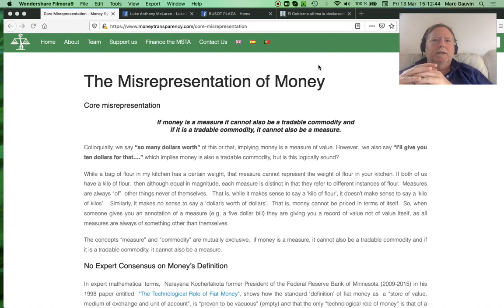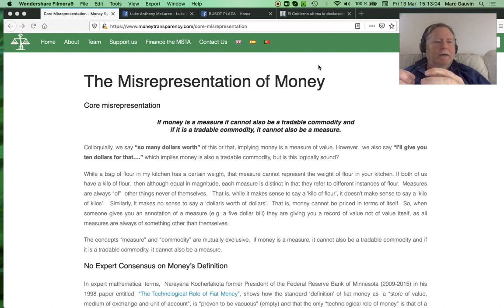Desirability changes, so the value or price of things can change, but we can measure that in a valid fashion, right? So we can measure value, and we can define money as a measure, and that's possible.